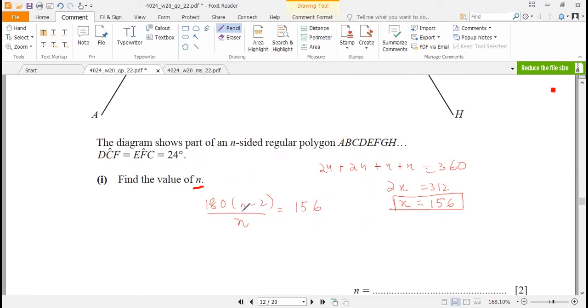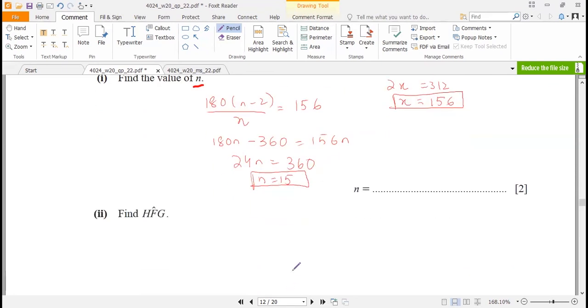Okay, so 180n minus 180 multiplied by 2, that is 360, equals 156 multiplied by n. Now 180 minus 156 will be equal to 24, and 360 will become positive when it shifts toward the right side. Now 360 divided by 24 will be equal to 15. So the value of n is 15.